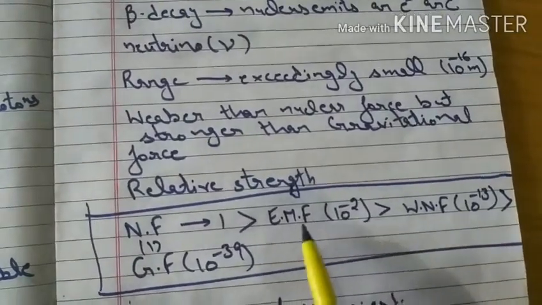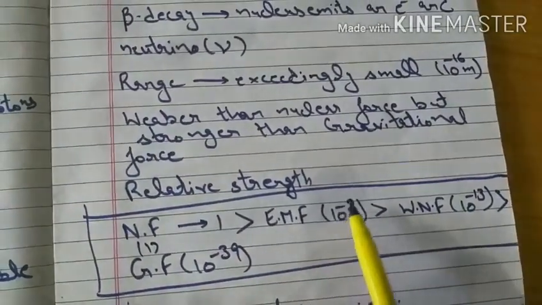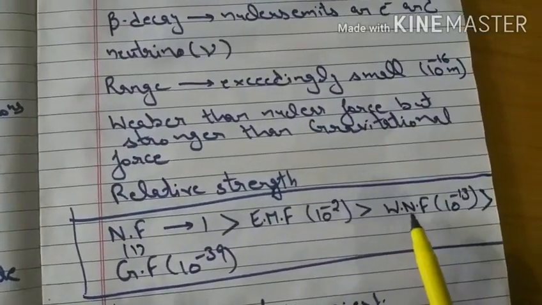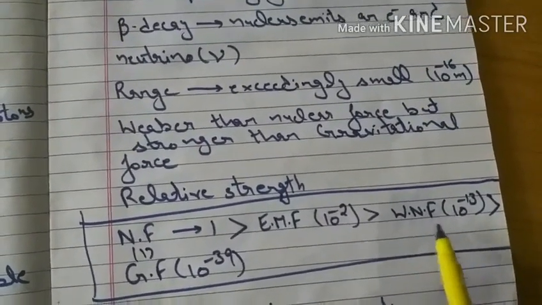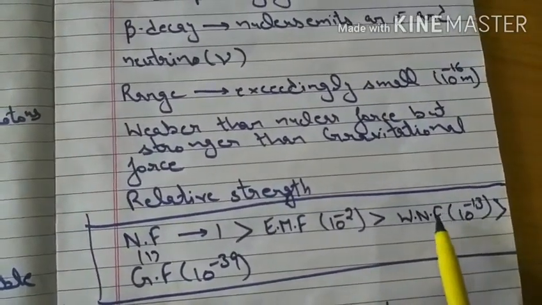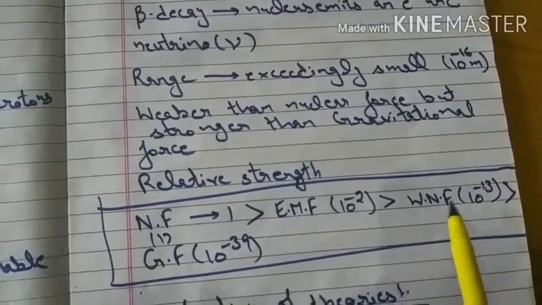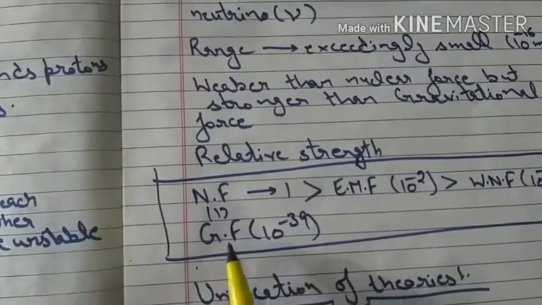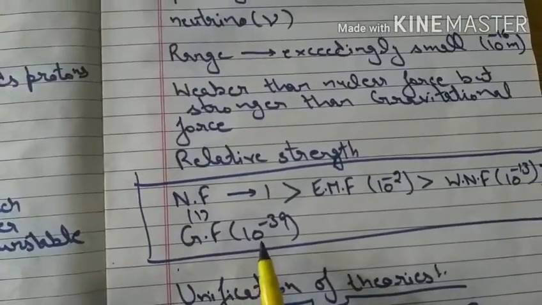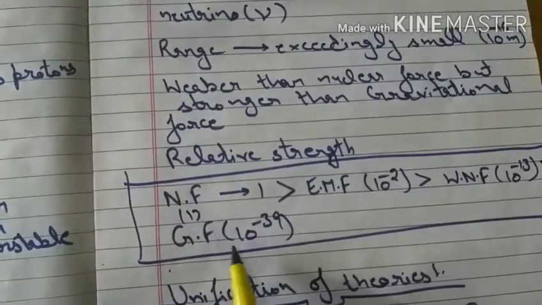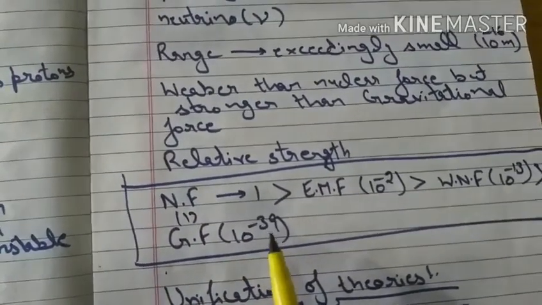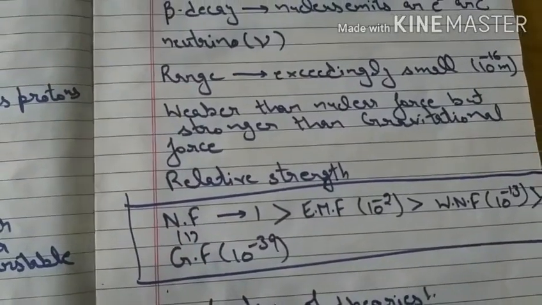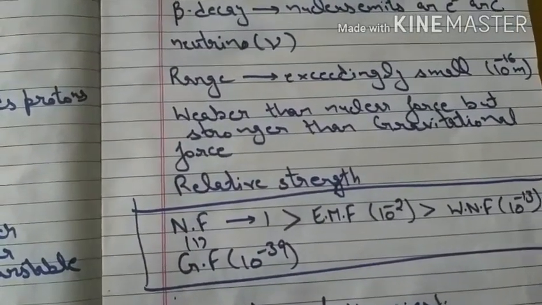Their relative strength as compared to nuclear forces is 10 raised to power minus 2, and for the weak forces, their strength relative to nuclear forces is 10 raised to power minus 16, and the last, weakest forces are gravitational forces, and their relative strength as compared to nuclear forces is 10 raised to power minus 39. So that's all about the 4 fundamental forces in nature.